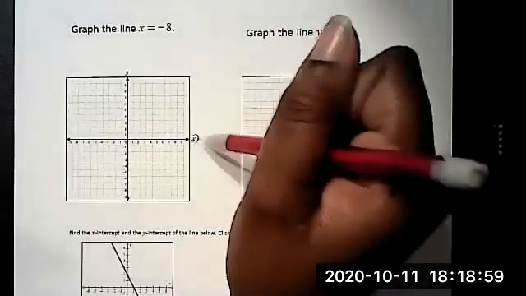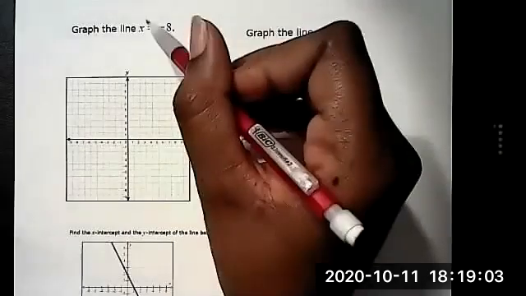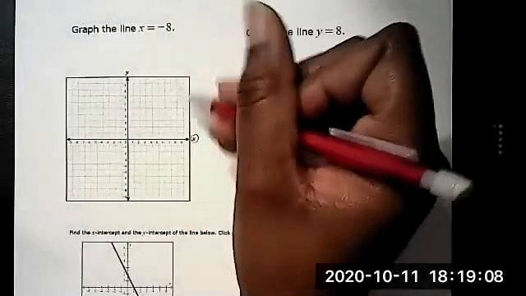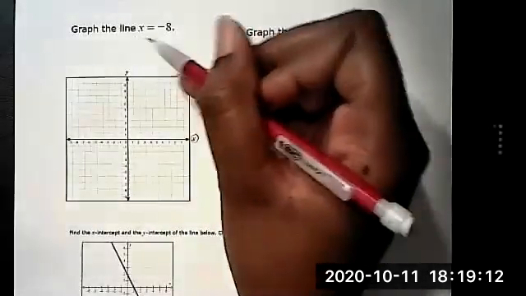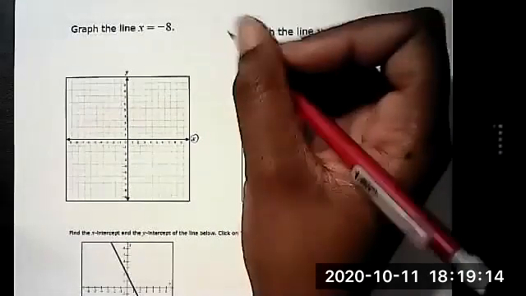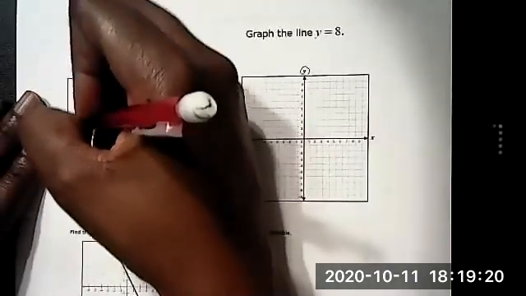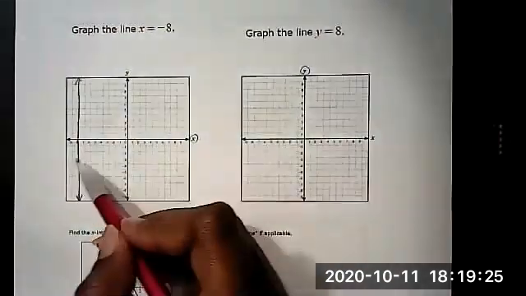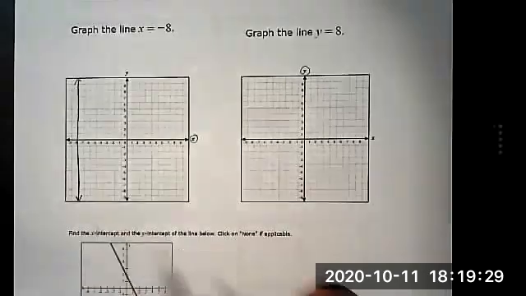With X equals, it's going to be a vertical line at -8, so it's going to cross the X axis. That is what your X equals -8 looks like. So at -8, your line crosses the X axis at X equals -8. That's how you'll know that is X equals -8: it crosses the X axis.